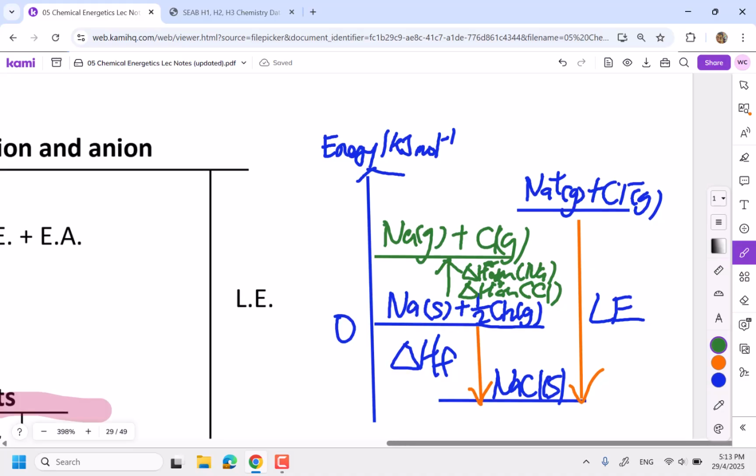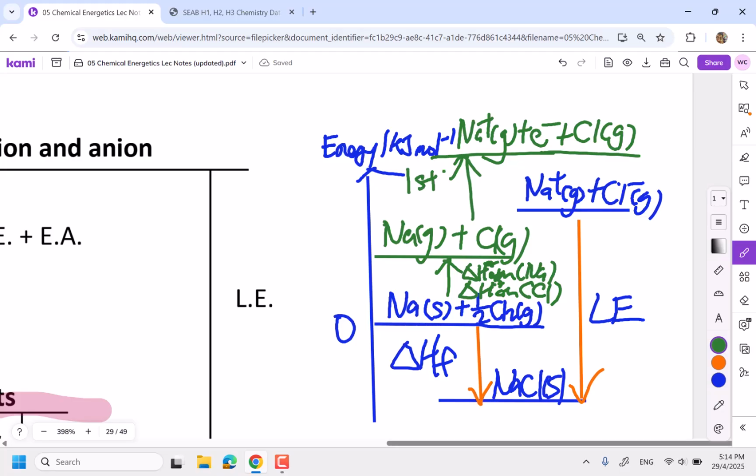Then from here I need to define the first IE, so I need to go up. So first IE: that's Na+ gaseous plus electron plus Cl gaseous. I need to move up, and that is the first IE of sodium.